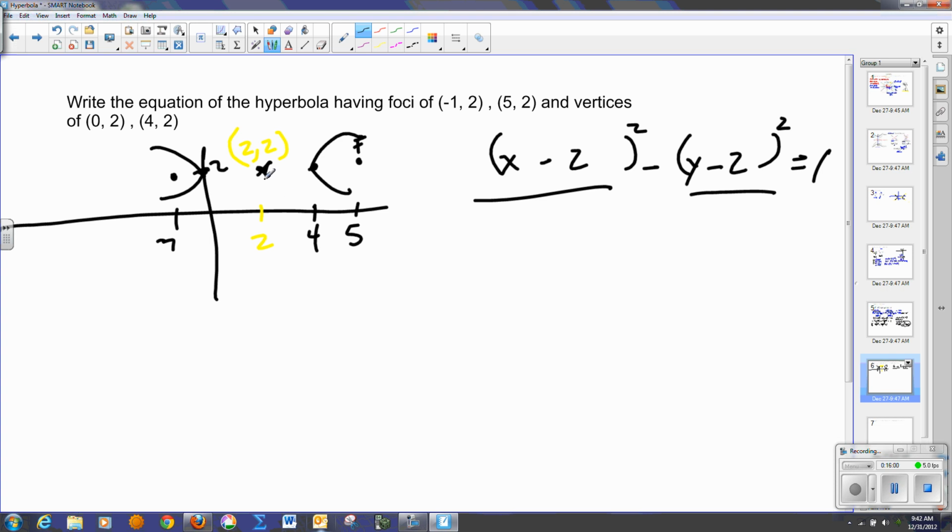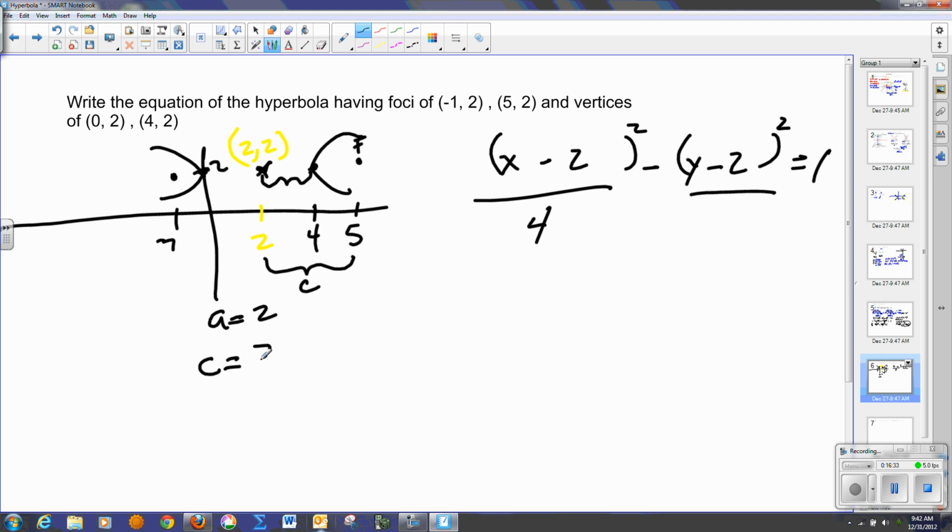I know my a value is the distance from the center to a vertex, and that is actually 2 as well. And since a is equal to 2, a squared goes under the leading term, so I have a 4 here. Now all I have to do is find my b value. What I have at this point is an a value and a c value. c is the distance from the center out to a focal point.